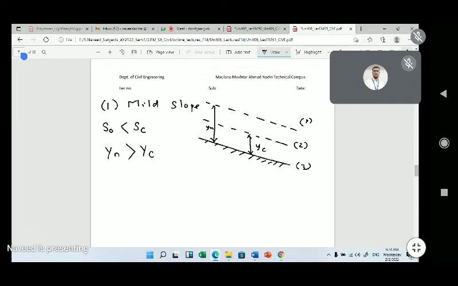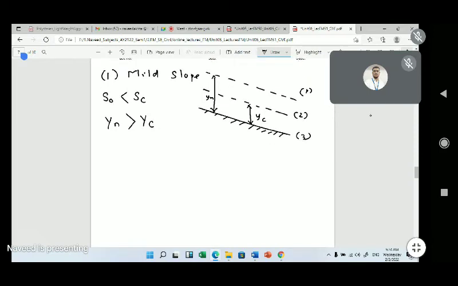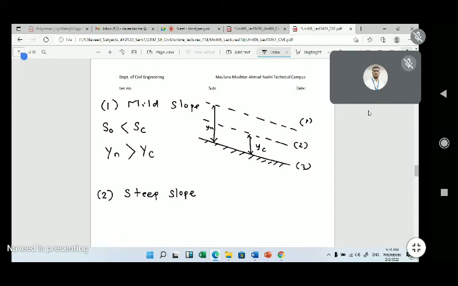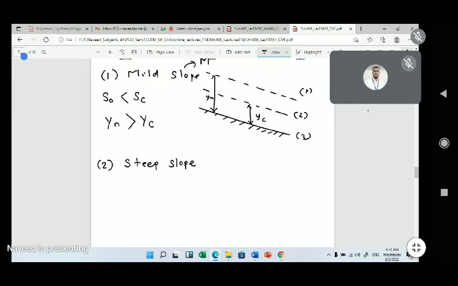Similarly, if you go for the steep slope, it is represented by S. Mild slope is represented by capital M, and steep slope is represented by capital S.